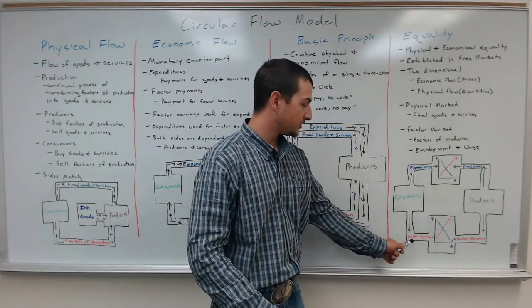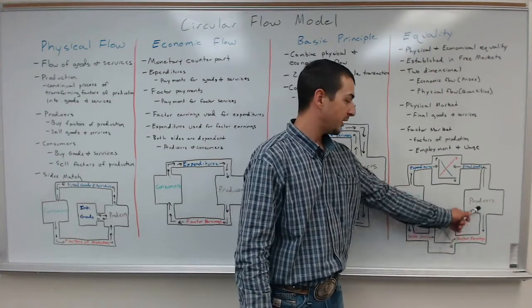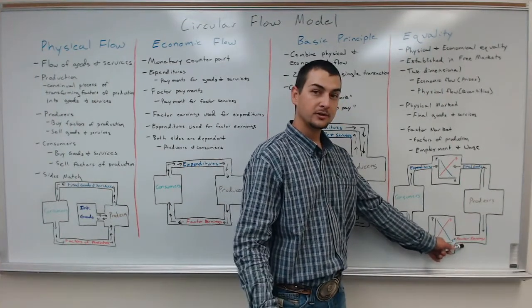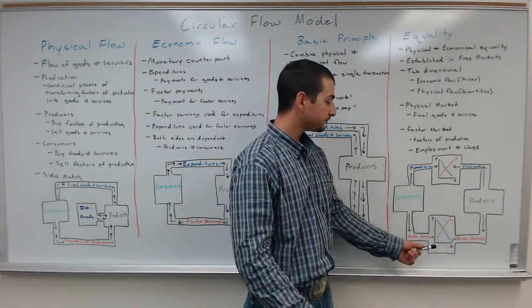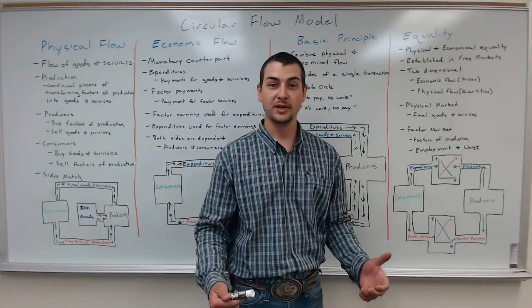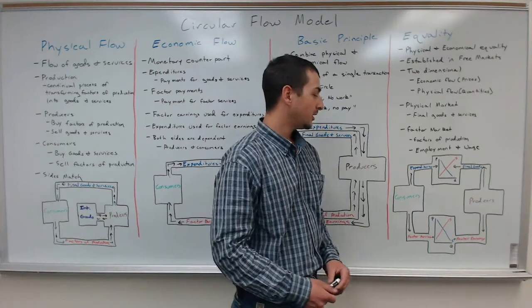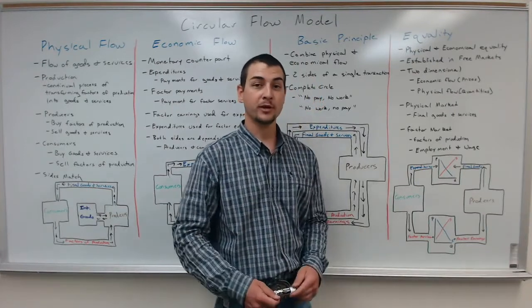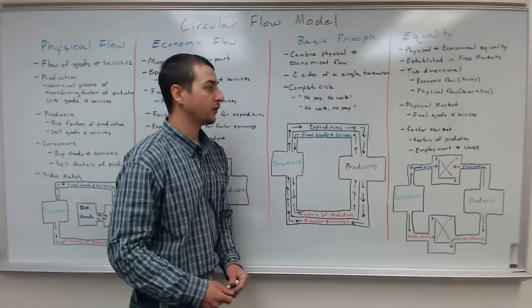Then down here we have consumers who are supplying factor services. We have producers who are demanding these factor services and are willing to pay factor earnings. And where the supply and demand intersect is where we begin to find out what the wage is for that job and what the unemployment or the employment numbers for this job is. So this pretty much completes the circular flow model.